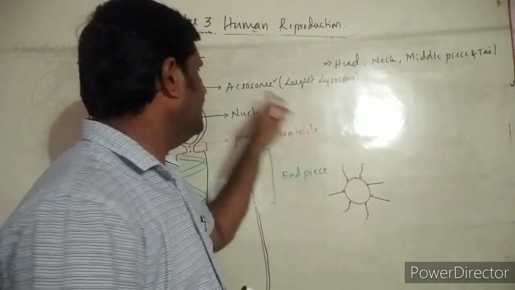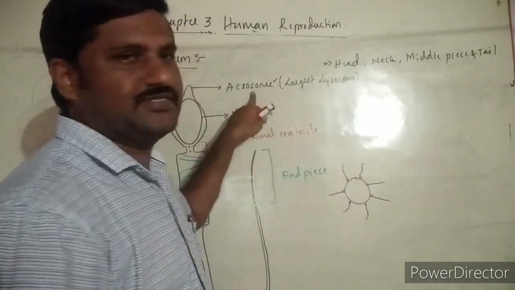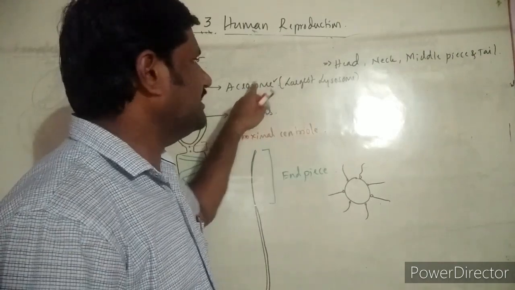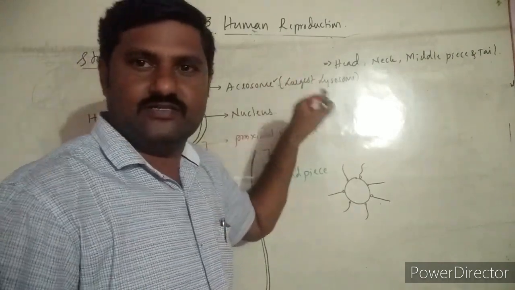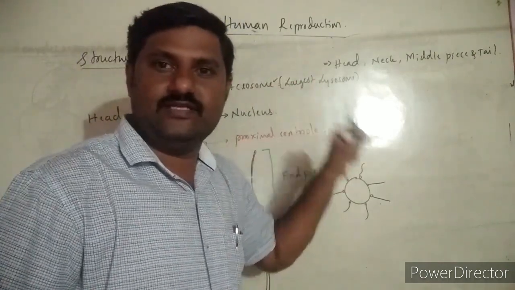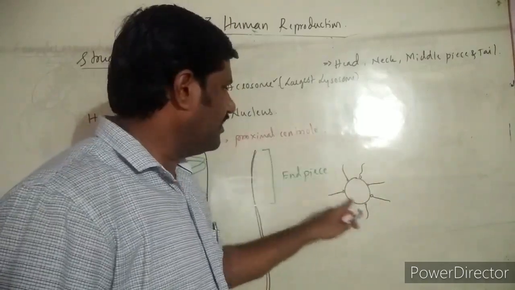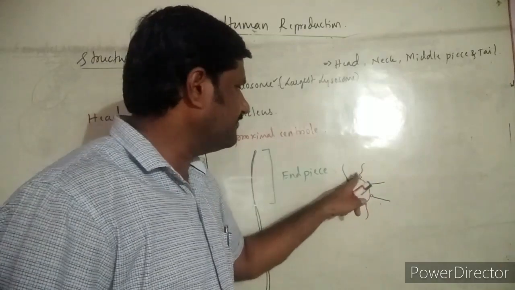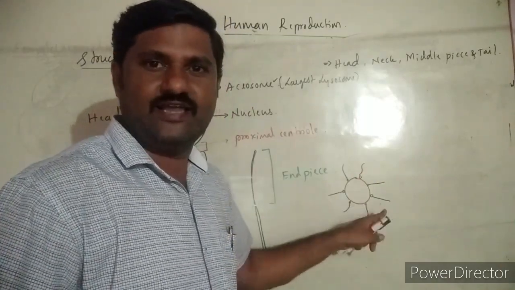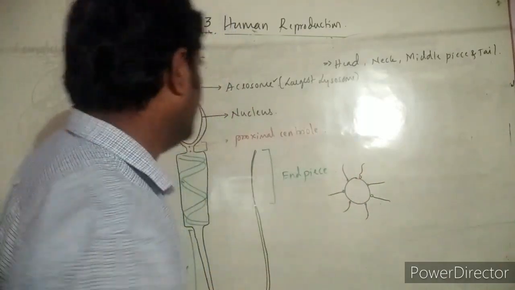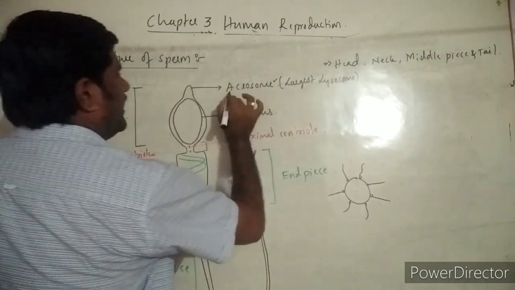So this sperm head, the tip portion, mainly consists of the acrosome. The hyaluronidase is the hydrolytic enzyme that dissolves the wall of the egg cell so that any one of the sperm can fertilize, which is helpful for fertilization, right? So this is about the acrosome.